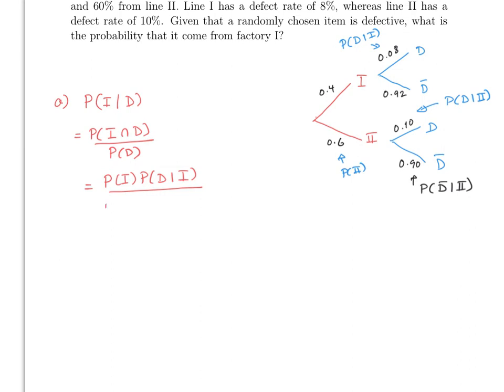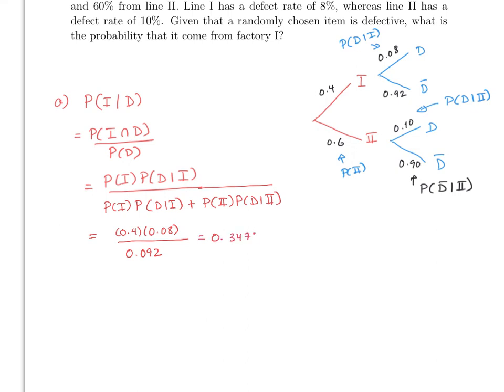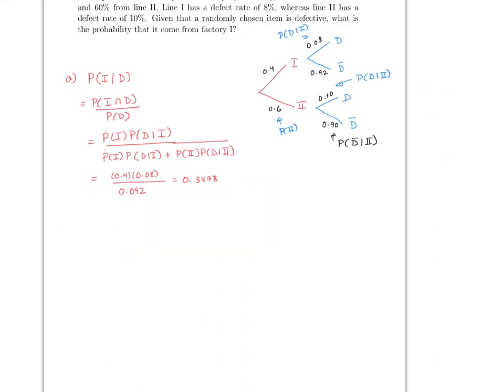But let me write the whole thing again. Remember, this was the probability of factory 1 times defective given factory 1, plus the probability that it came from factory 2 times defective if it came from factory 2. Remember, the bottom was 0.092, and on the top this will be 0.4 times 0.08, which is equal to 0.3478.